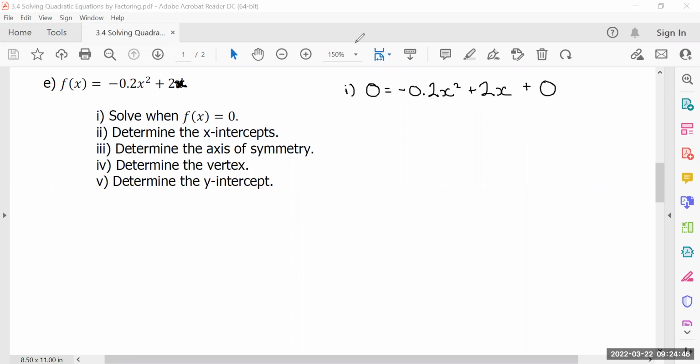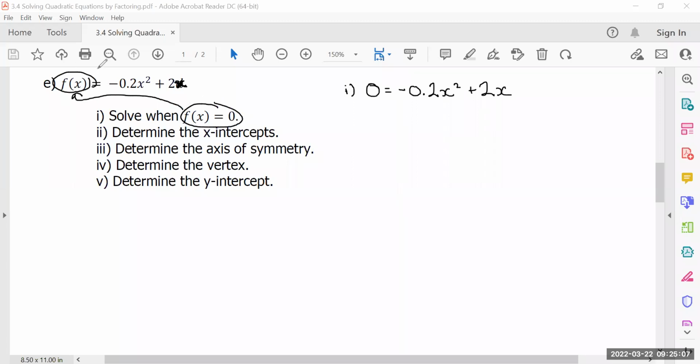Oh, well, because it says solve when the function is equal to 0.